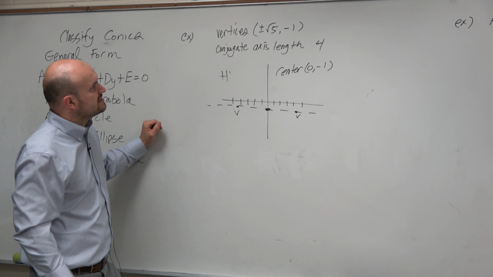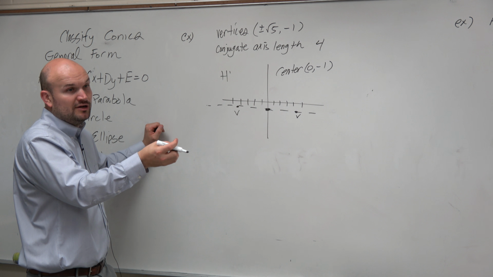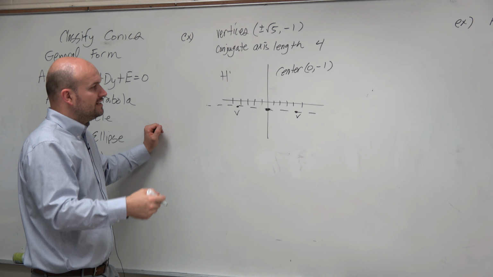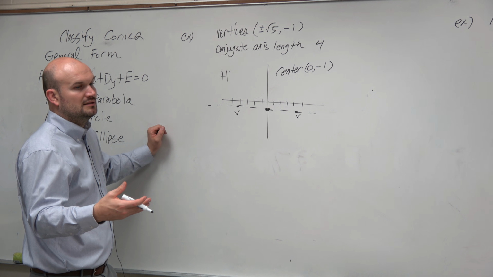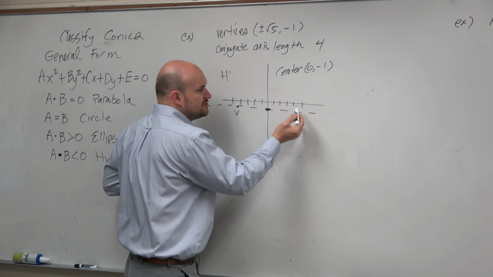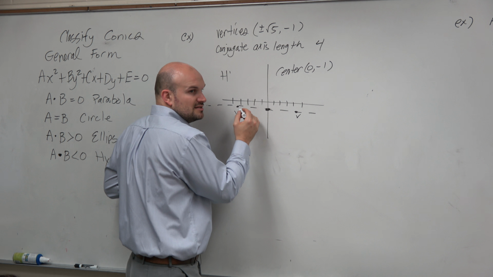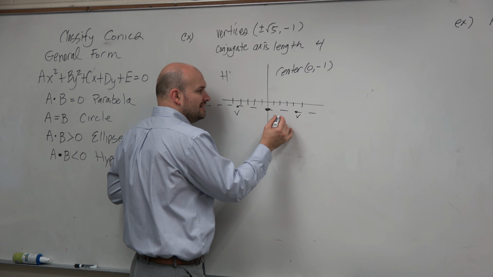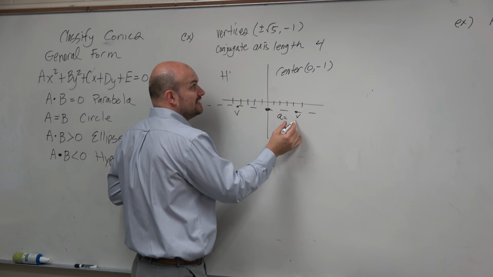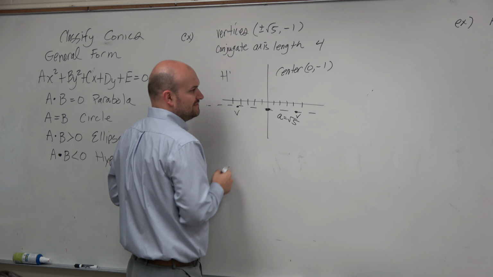And then let's see, what else could I find? Well, now that we know the center, the distance from the center to your vertices is what? The distance from your center to either of your vertices. It's a, which is the square root of 5.